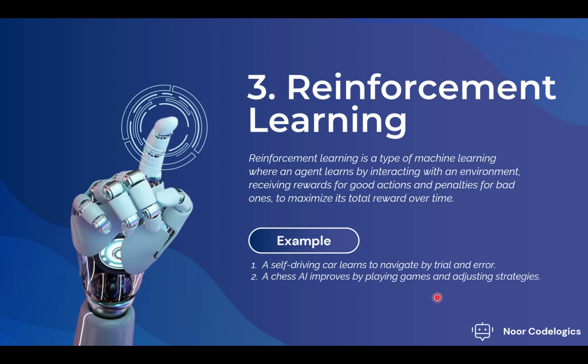Now we can use reinforcement learning in self-driving cars. The self-driving car learns to navigate by trial and error, right? The second example is AI in games.